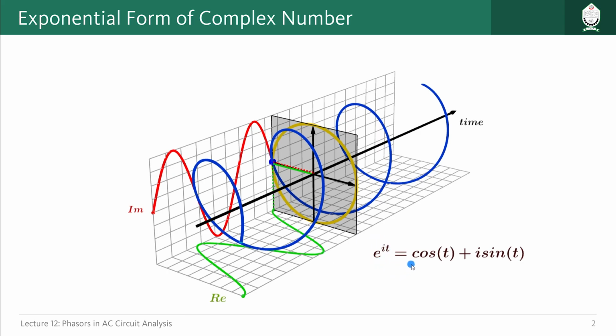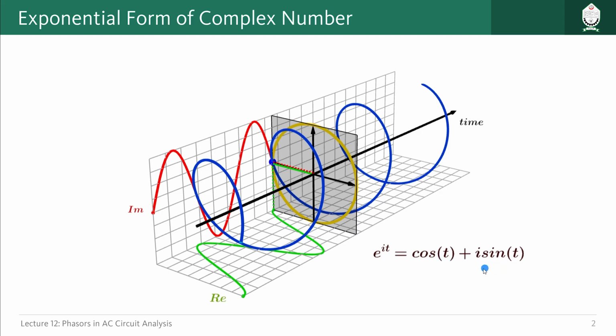Now this has two portions, right? One of them is the real portion, another one is the imaginary portion. So if we want to visualize the real portion as well as the imaginary portion, what do we have to do? We have to take the projection in each direction. If we want to see the real portion, we have to take the projection from top or bottom. Then we see what is happening on the horizontal axis, and that is drawn in this green line, right?